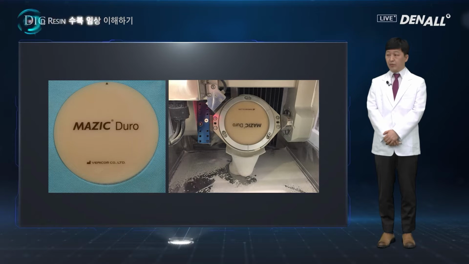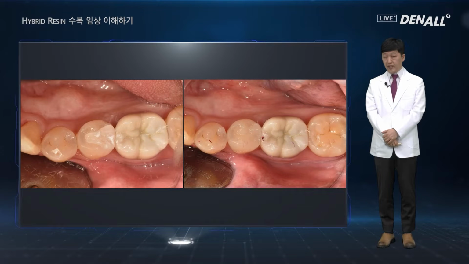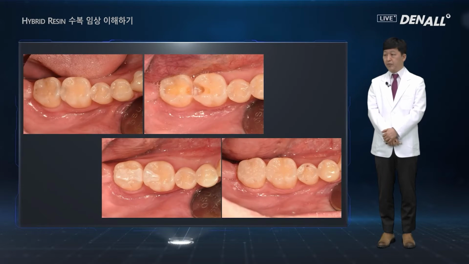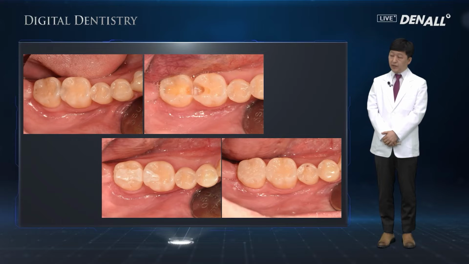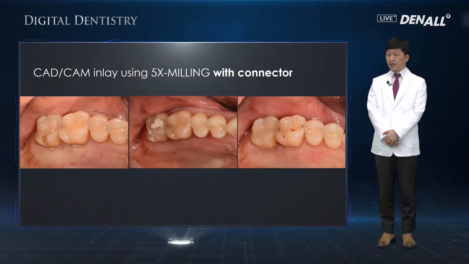The benefit of the 5-axis milling machine is preciseness. Unlike the first example, there's almost no gap between the inlay and the tooth. As you can see in this case, after milling, no adjustment has been done. However, there's no gap between restoration and tooth. This is the benefit of the 5-axis milling machine.